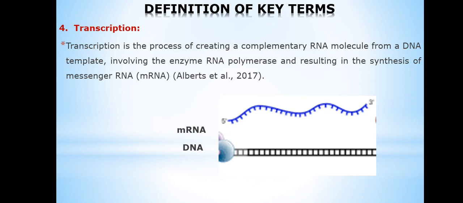Okay, so transcription is the process of creating a complementary RNA molecule from a DNA template, involving the enzyme RNA polymerase and resulting in the synthesis of what? Messenger RNA. So basically, if you're talking about transcription, is where now you're converting the DNA to what? To RNA. It's going to make sense soon when I start talking about the viral replication cycle as well as the classifications.